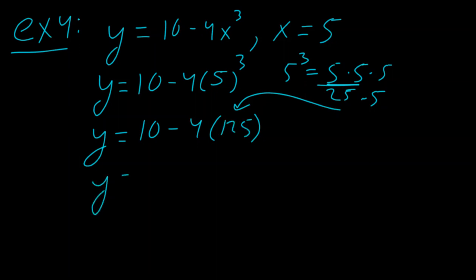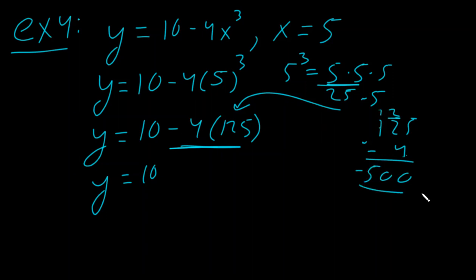Now from here, you may need a calculator, or if you can do this by hand, it would really help you out. 125 times negative 4 will of course be a negative number. 4 times 5 is 20. 4 times 2 is 8, plus that 2 is 10, and then 4 times 1 is 4, plus 1 is 5. Aha! So 10 minus 500.